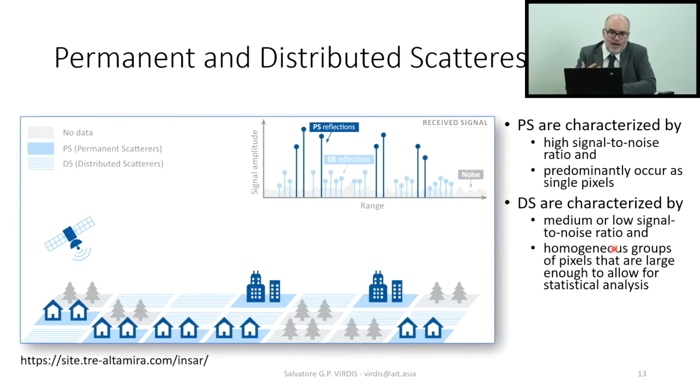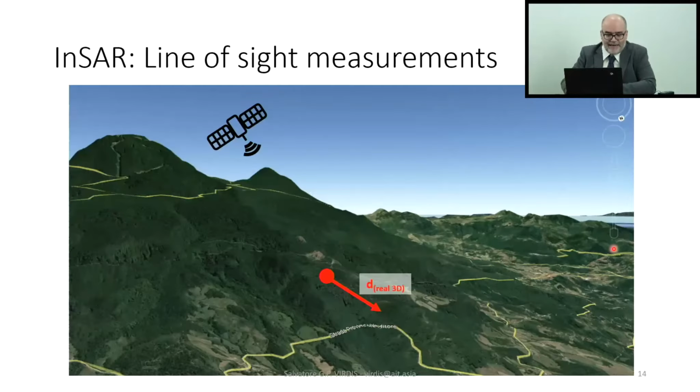They have quite good variability both in terms of density and in terms of phase and amplitude, but they can still be used in the system, and the use of these distributed scatterers improved the PSI technique significantly. So let's say this is almost the third level in terms of development of InSAR technique.